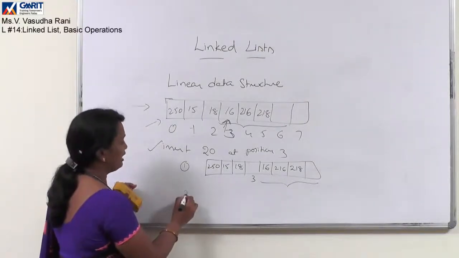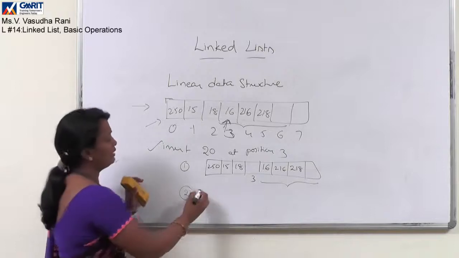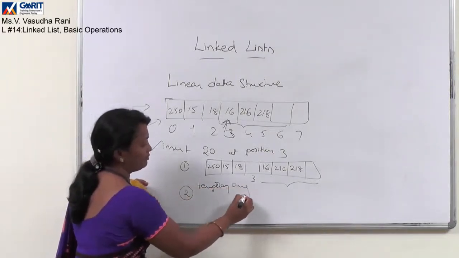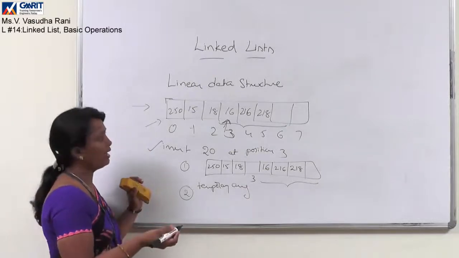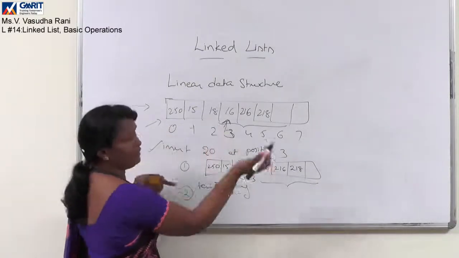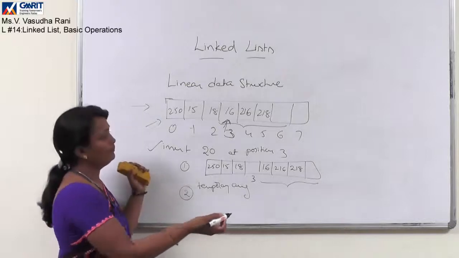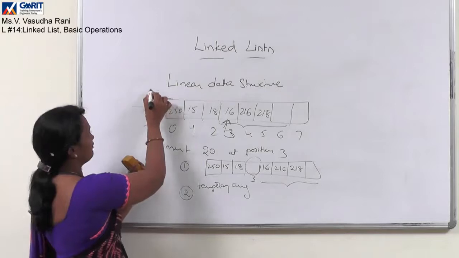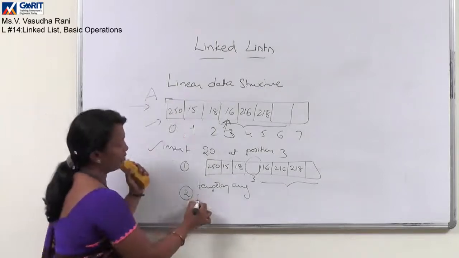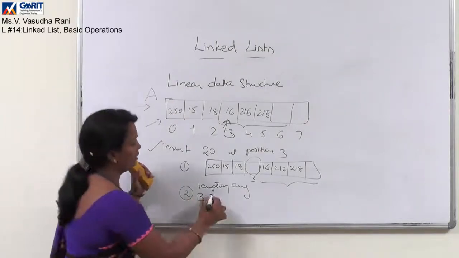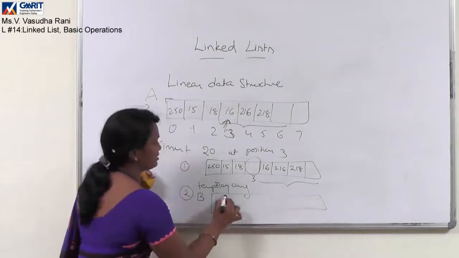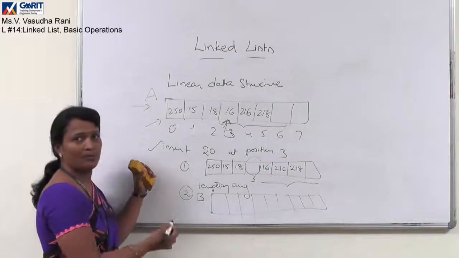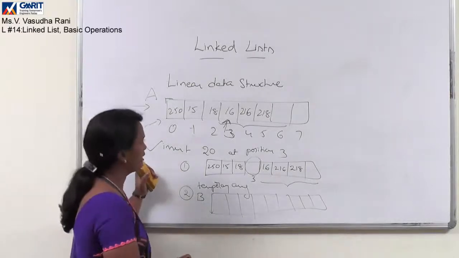This is one way. The second possibility is taking a temporary array. We have to use another temporary array, and these values should be shifted into that array so that this particular location is empty. If this array is A, another temporary array B should be taken with the same size, and as it is an array, contiguous memory is allocated for it.